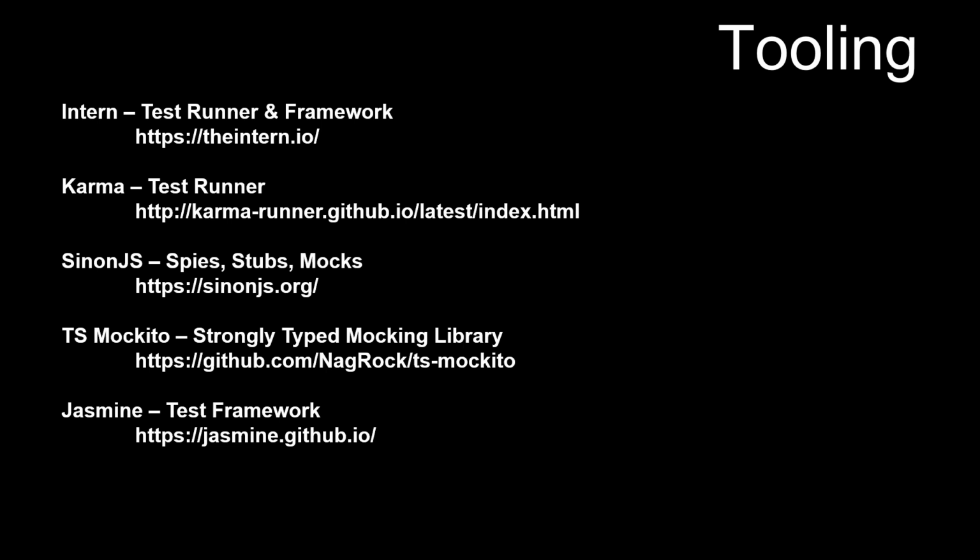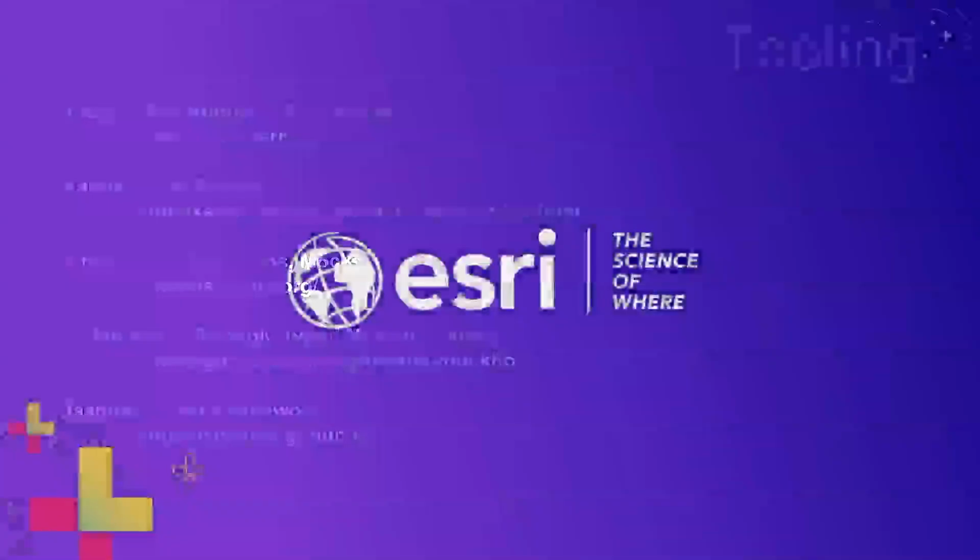Sinon.js gives us spies and mocks that we can use instead of building out full objects and testing other people's code, as well as ts-mockito, which gives us strongly typed mocking as well. And then Jasmine is a popular test framework that allows us to create tests in a well-orchestrated way and clearly understand what each test is supposed to accomplish.